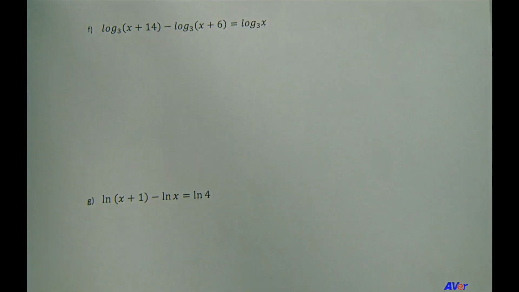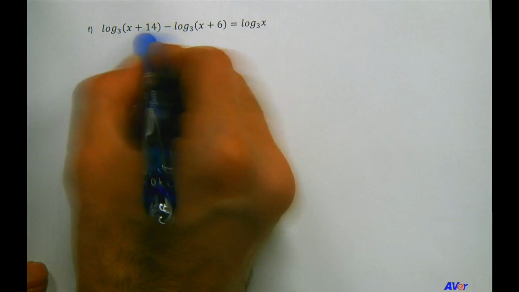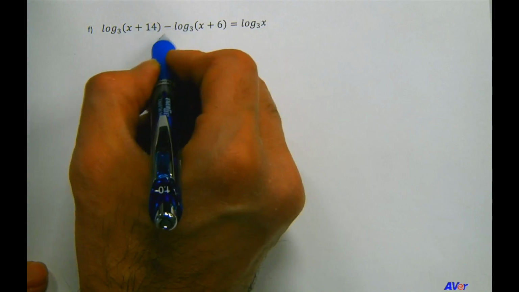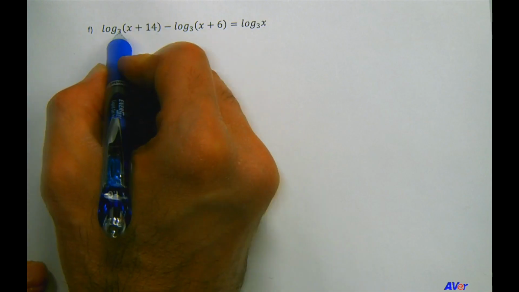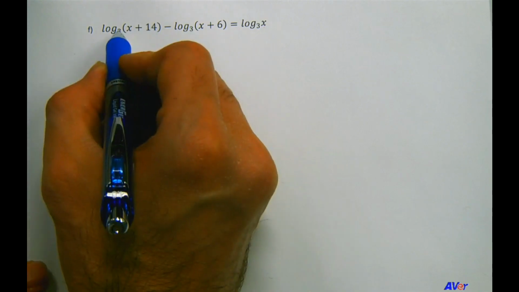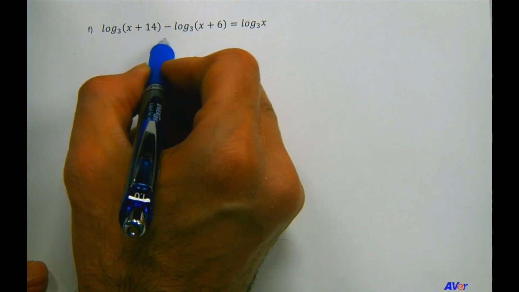Okay, we can't factor, but we need to ungroup x. So let's apply the relevant properties of logarithms. On the left, we have a subtraction of 2 log functions. So let's combine it into a division problem. We can do that because the bases are equal. If this base was 3 and that was 5, we could not apply the logarithmic properties.